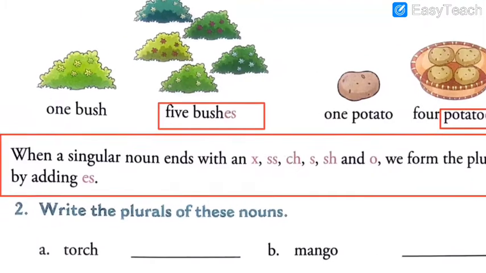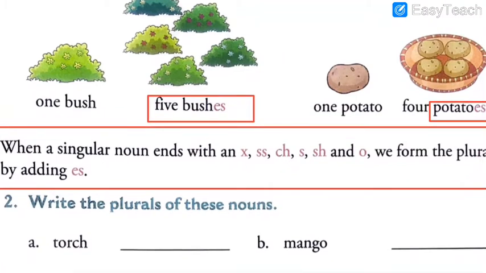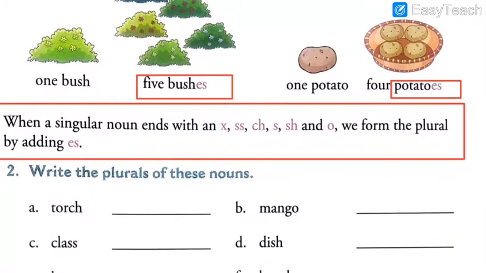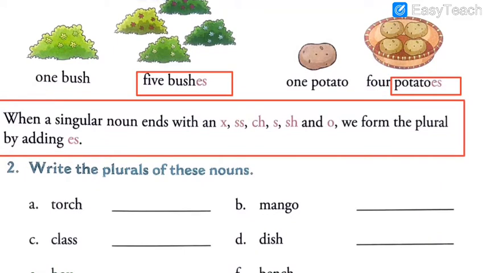Where do we have to add es? Here, students, when the word ends with x, double s, ch, s, sh and o, at that time we have to add es to make it plural.